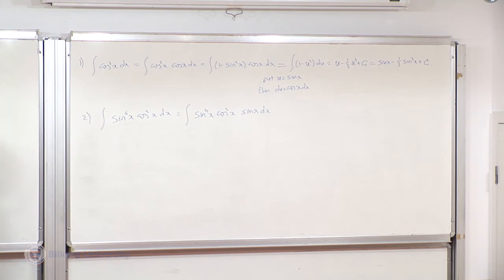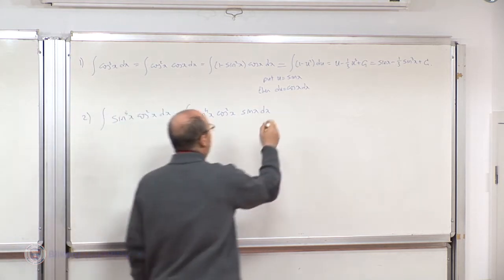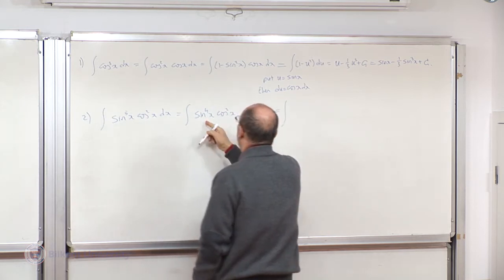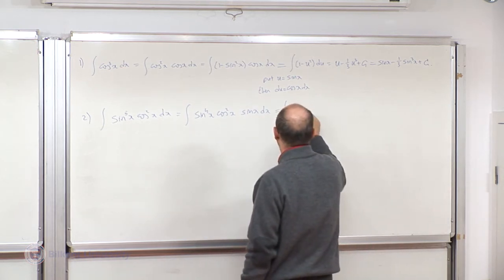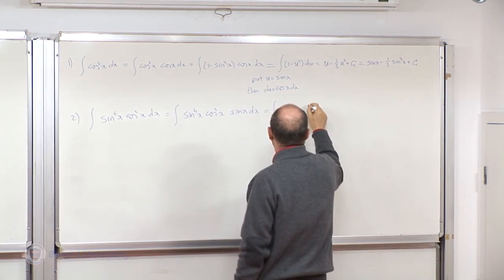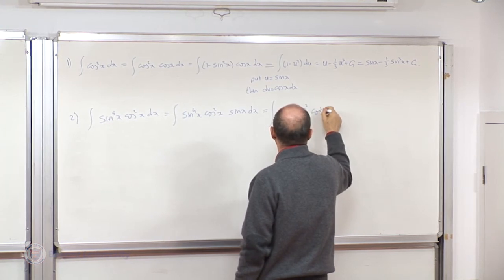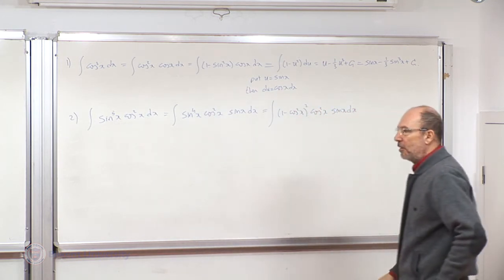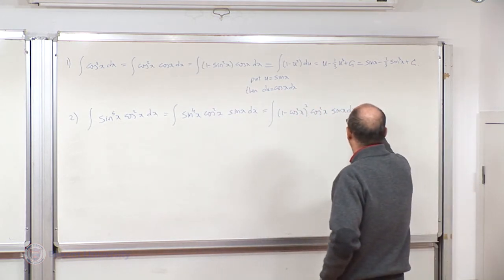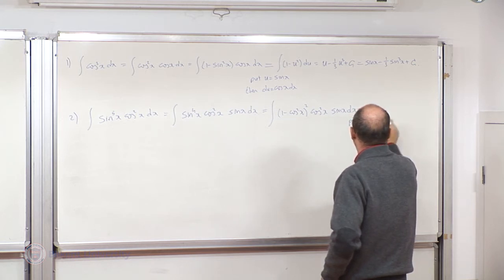It turns out that sine x dx is d cosine x, give or take a few signs. So I want to write everything in terms of cosines. Remember, this is the square of sine square. So sine square is 1 minus cosine square x, and I have a square. I have cosine square here, and I have sine x dx.